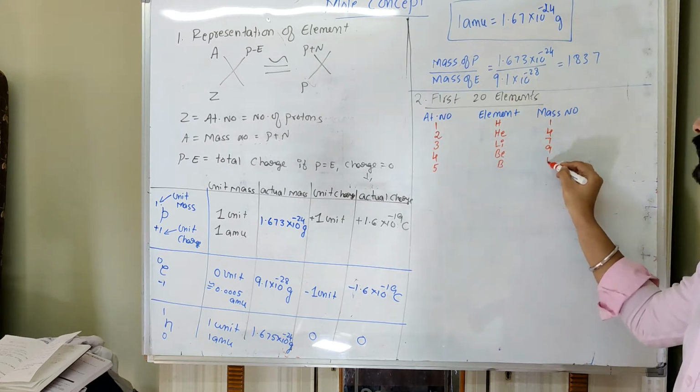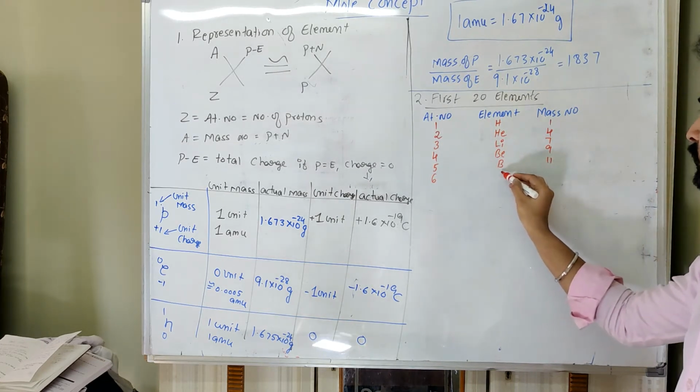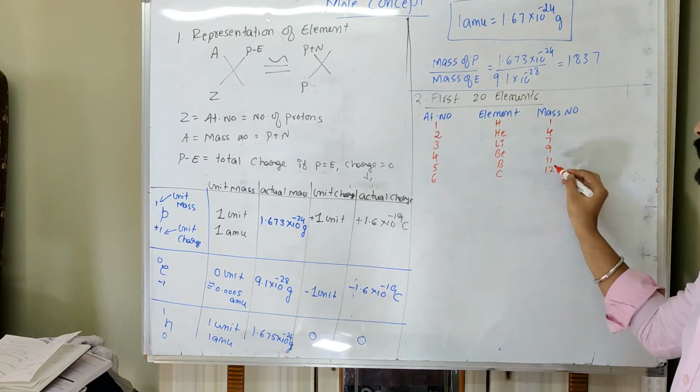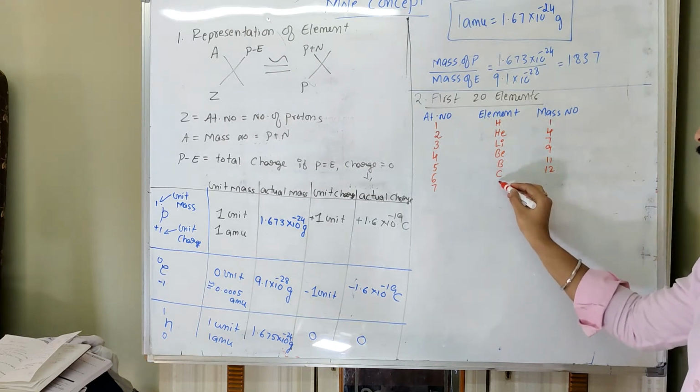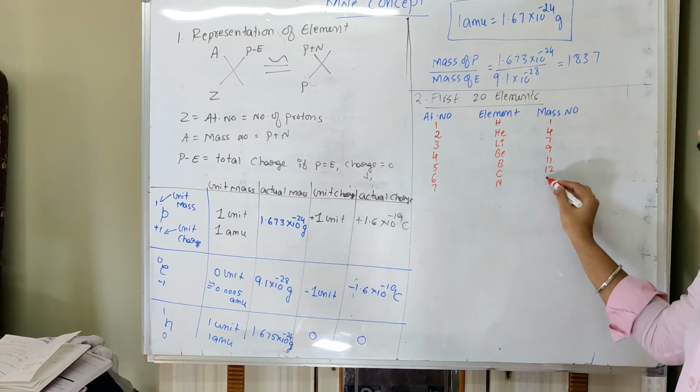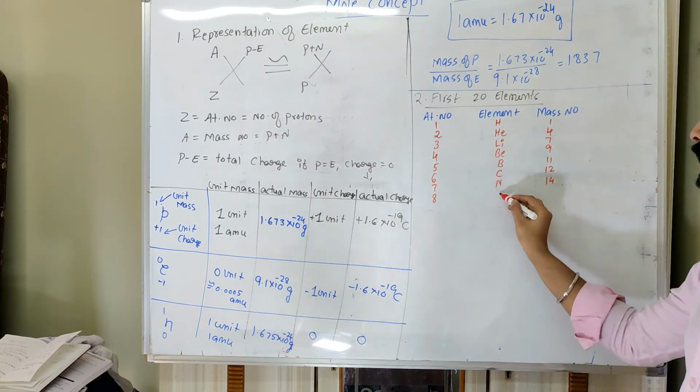Atomic number 5, boron, mass number 11. Atomic number 6, carbon, mass number 12. Atomic number 7, nitrogen, mass number 14.